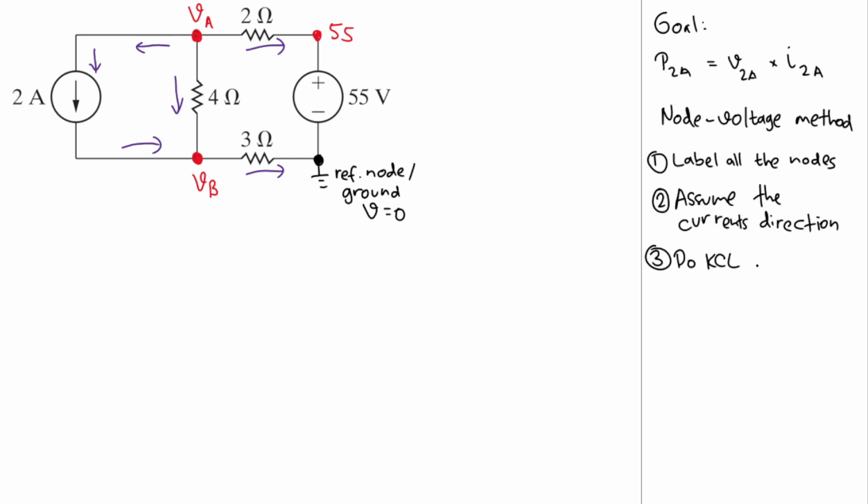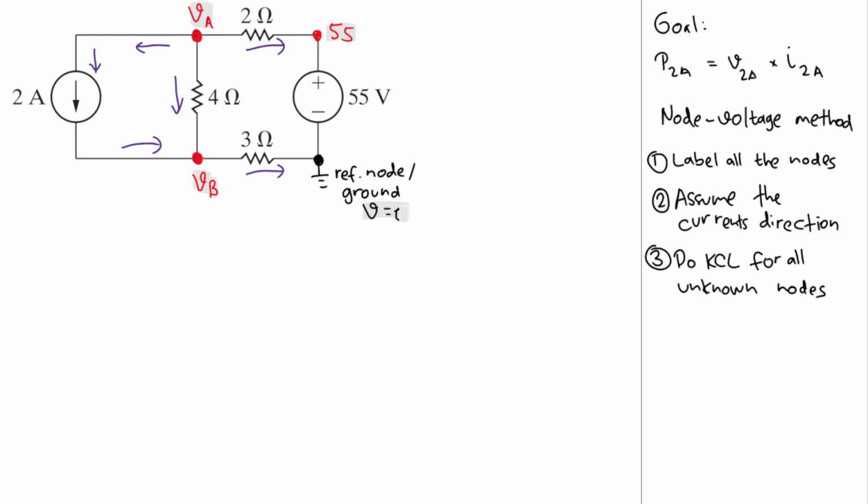KCL, the Kirchhoff current law, or the junction rule, as some physics books say, for all unknown nodes. Okay, we have 2 unknown nodes here, VA and VB. We already know this node is 55, and we already know this node here, which is 0.